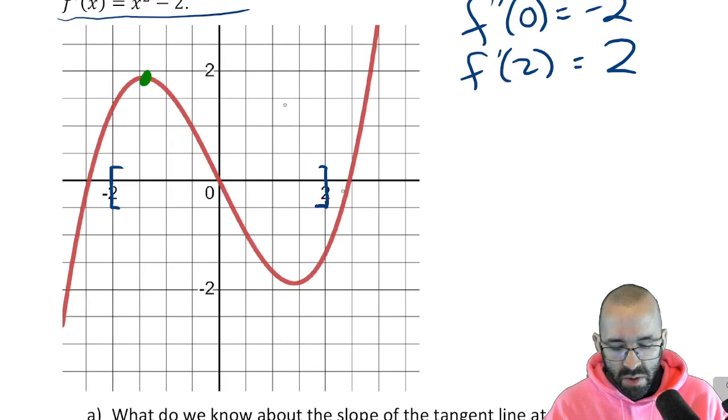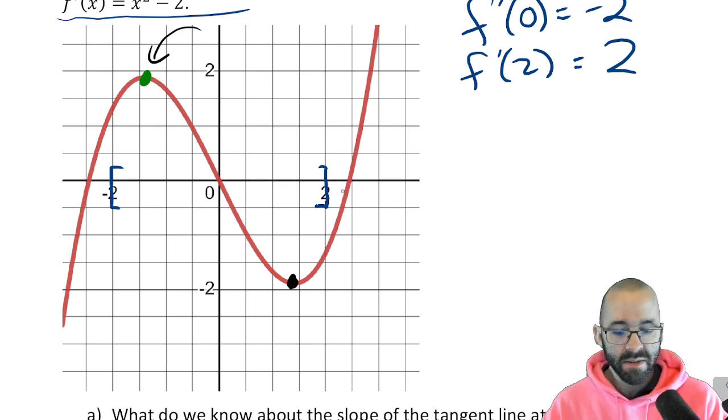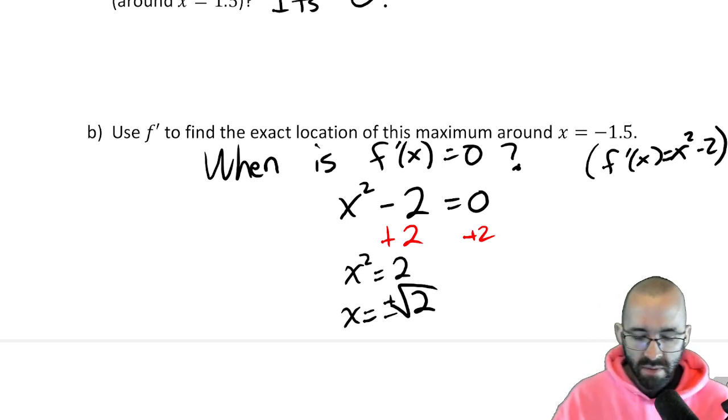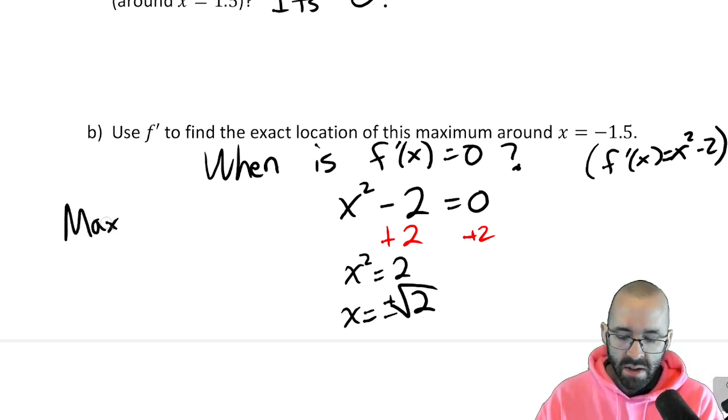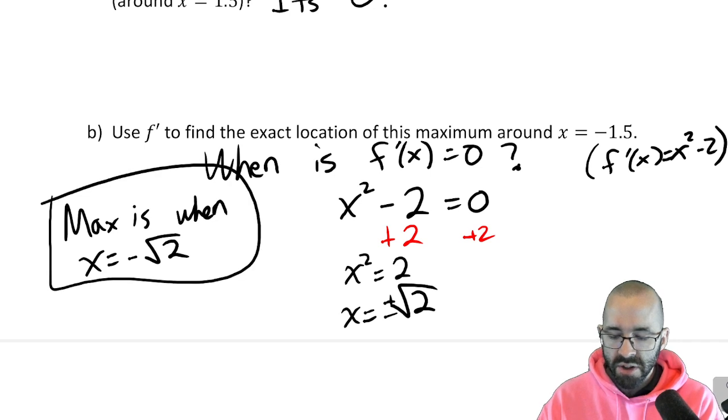At the square root of 2, which is going to be an x coordinate here, and at negative square root of 2, which is right here. So if we wanted to find the exact location of this green dot, we just did it. Maximum is when x equals negative square root of 2.